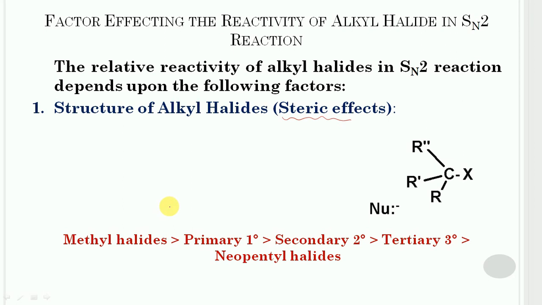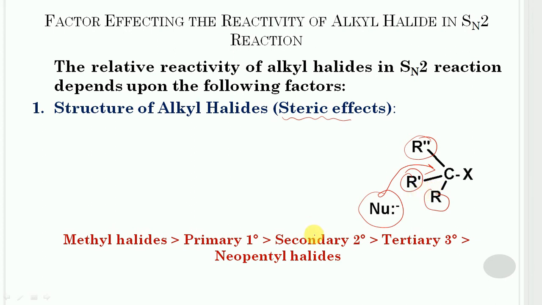Evidently, as the 3 hydrogen atoms of methyl bromide are successively replaced by bulkier alkyl groups such as methyl and ethyl, etc., crowding will occur, which causes steric hindrance, and the attack of the nucleophile from the back side will occur more difficultly.